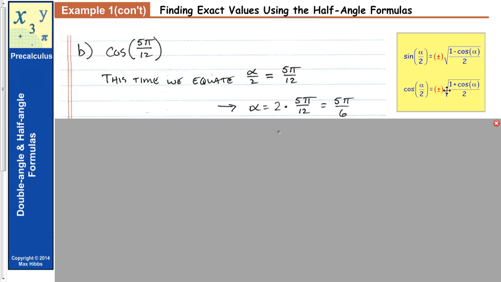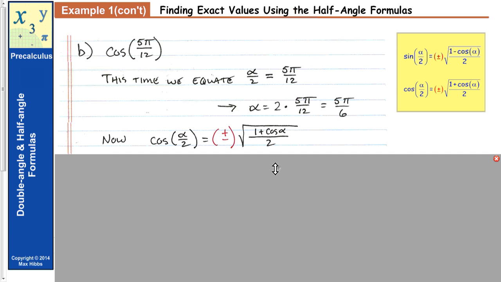To use this formula, we need to know alpha. So to find alpha, we multiply by 2 on both sides. 2 times this fraction is alpha, and 2 times 5 pi over 12, simplified, is 5 pi over 6.